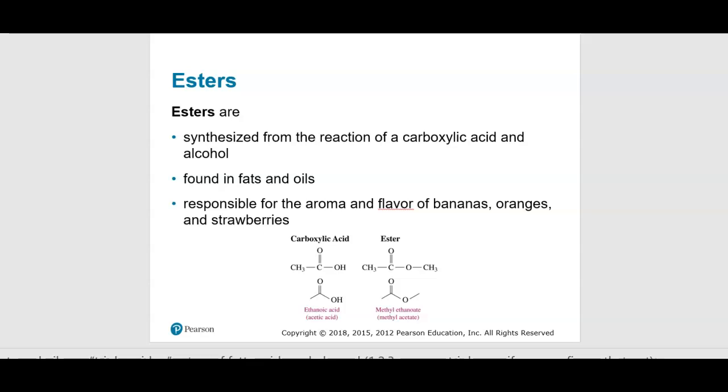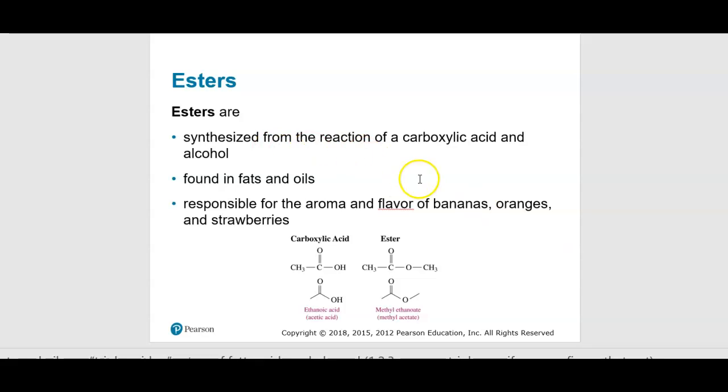What you do with these things is you take the carboxylic acid and you add a strong mineral acid, and you mix the carboxylic acid and the alcohol that you want to make the ester with, and you heat it. It's an equilibrium process, but there's ways you can force the equilibrium to the ester.